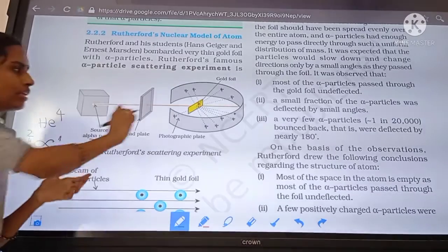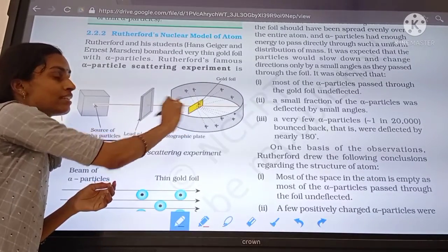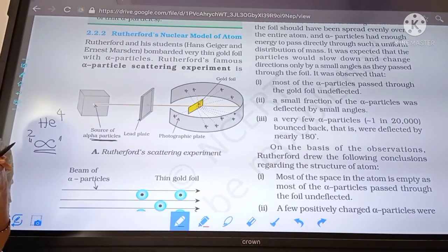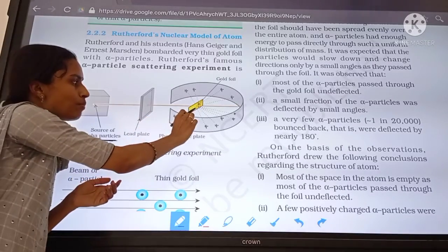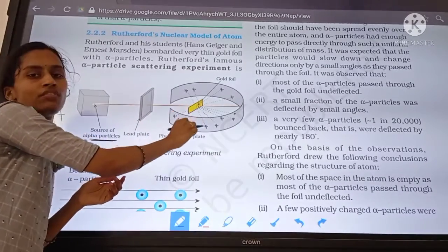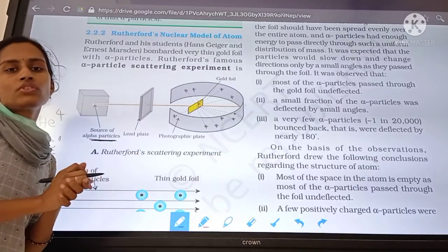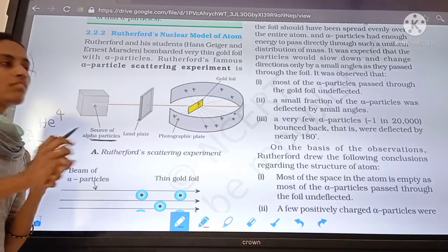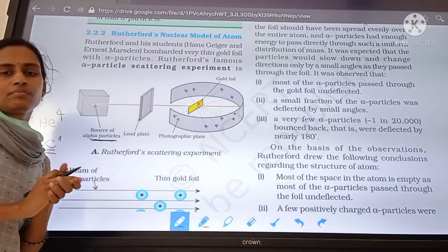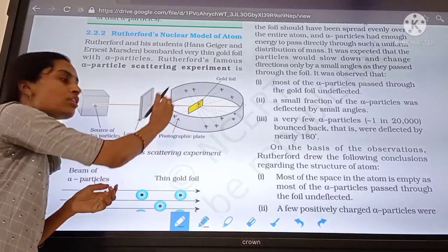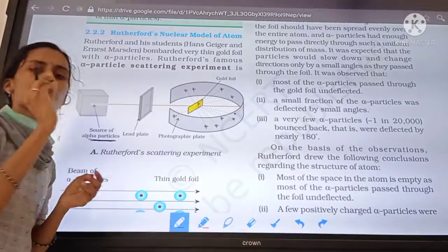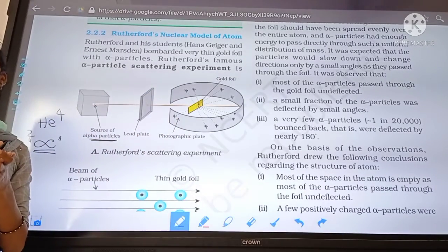What does this indicate? It means there is a positive charge. Only a very small space is located with positive charge. So in the atom most of the space is empty, and only some space has positive charge.